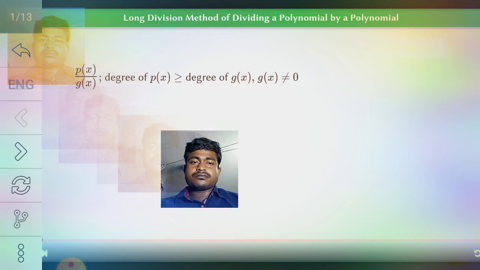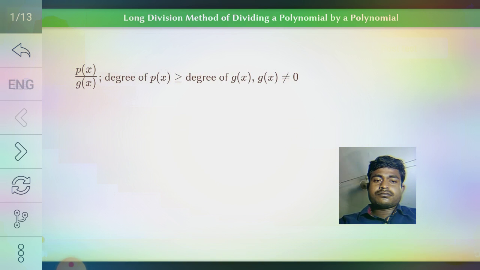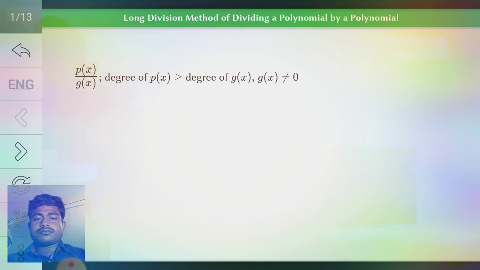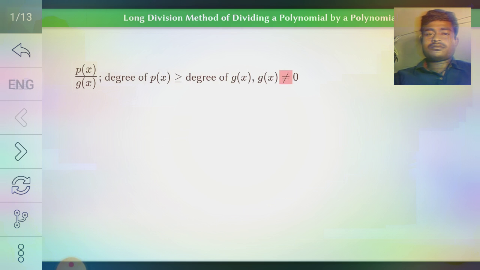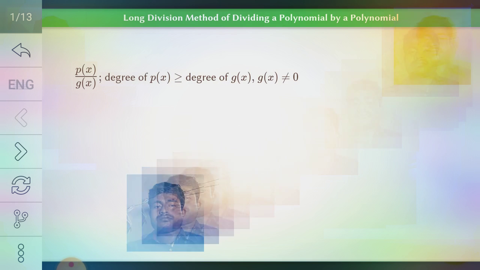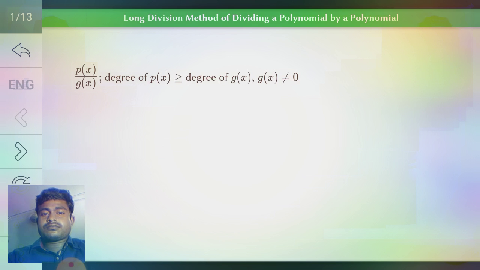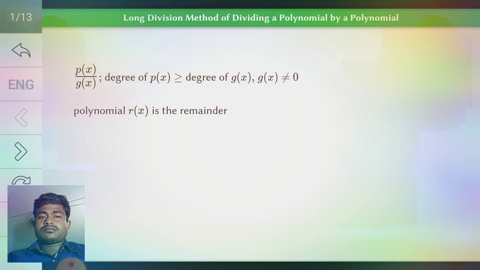The long division method is the method of dividing a polynomial p(x) by another polynomial g(x), where the degree of p(x) is greater than or equal to that of g(x), and g(x) is not equal to 0. As in the division of whole numbers, where we obtain a remainder and a quotient, in the division of polynomials too, we obtain a polynomial r(x), which is the remainder, and a polynomial q(x), which is the quotient.